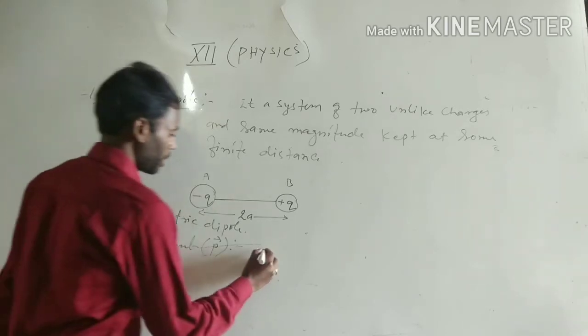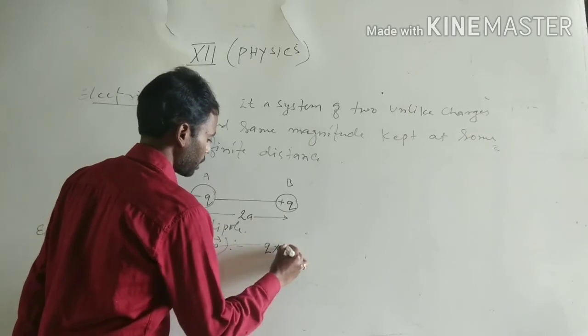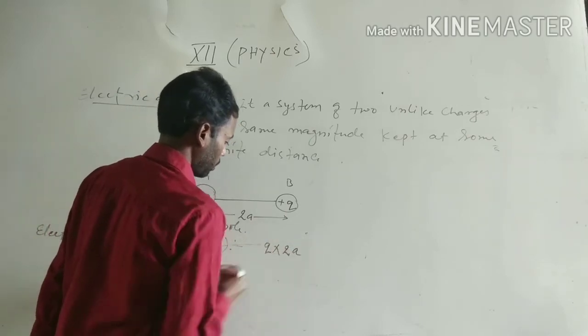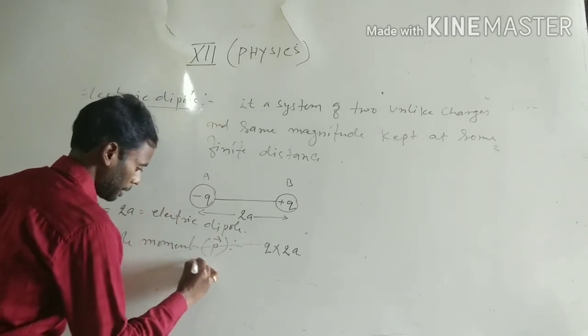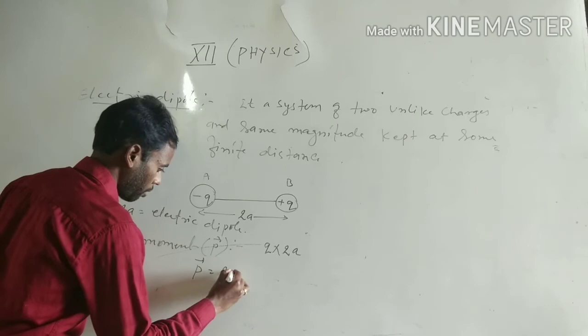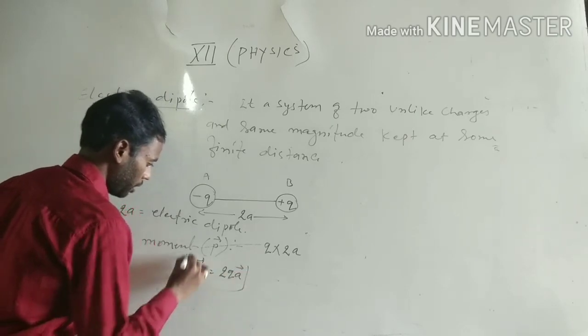That means this is the product of the charge and the dipole distance 2a. Q into 2a. That means our P is equal to 2qa, where a is a vector quantity.